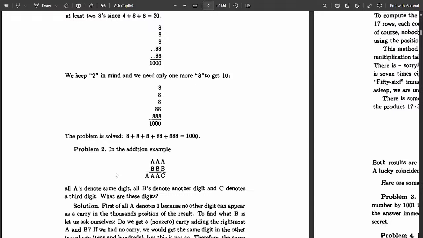It's 5 and 9. If A equals 5 and B equals 9, 5 plus 9 is 14, 5 plus 9 plus 1 is 15. No, it's still not right. These are some of the problems because of which I came to this book.